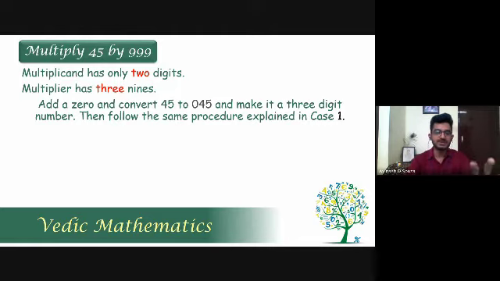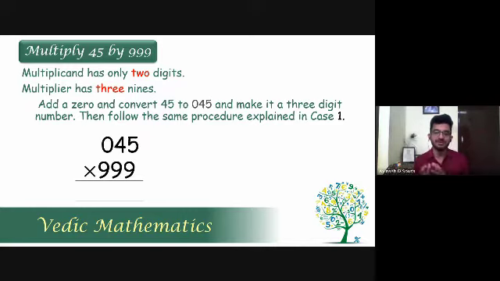So convert 45 into a 3-digit number by adding a 0 before the number. Then you can follow the same procedure that I explained in case 1. But don't ignore that 0. I know a 0 before the number doesn't have any value, but in Vedic mathematics, it also plays a role. So don't ignore that 0, and follow the same technique as in case 1.